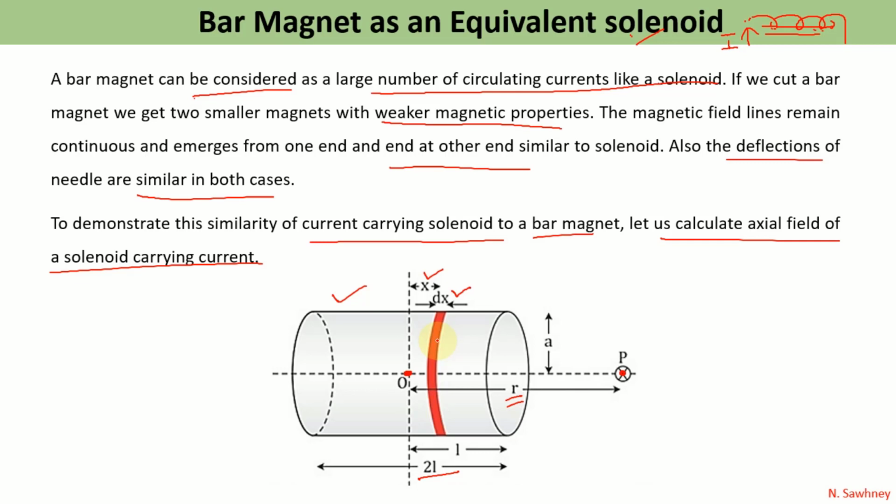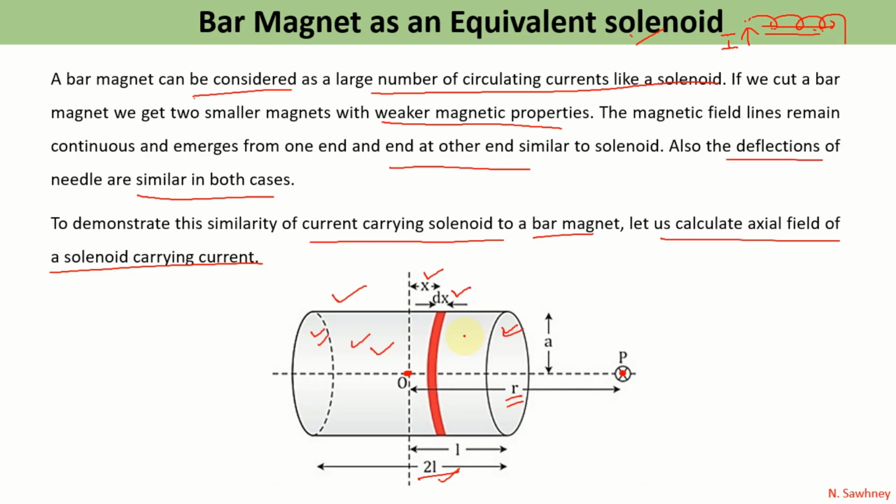That is, a number of small magnetic dipoles are placed in line all together, and the number of small dipoles will be equal to the number of turns in the solenoid. So the south and north pole of each turn in the solenoid will cancel each other except at the ends. So the entire solenoid can be replaced by a single north and south pole, which is separated by a distance of length 2L, that is the length of the solenoid.